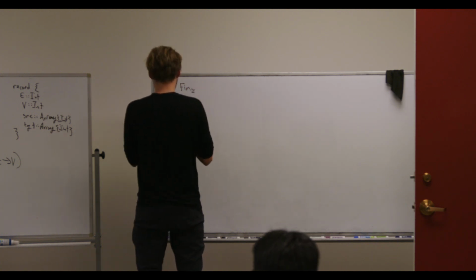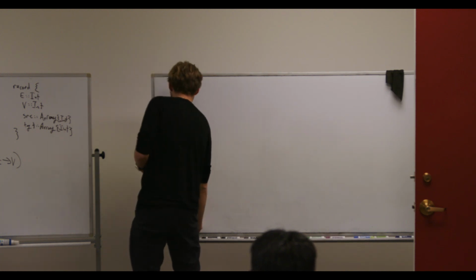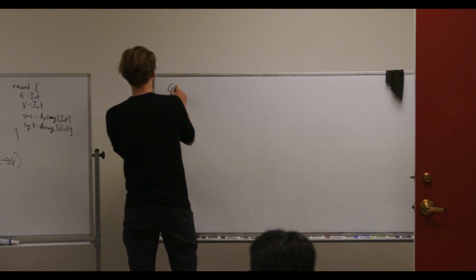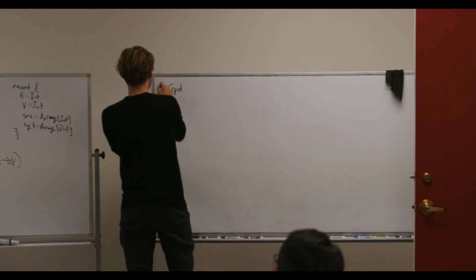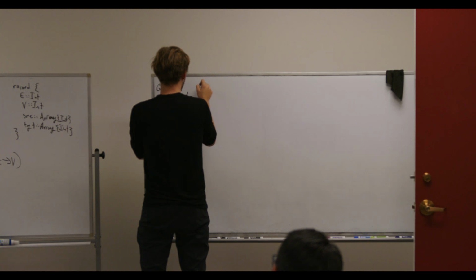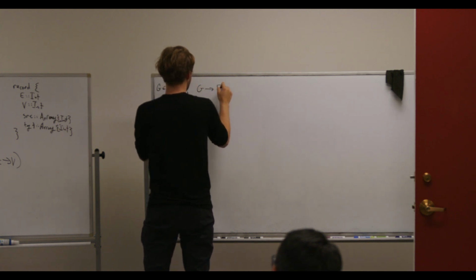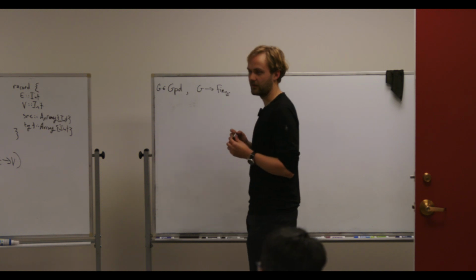For them, a stuff type is a groupoid, let's say G in groupoid, along with a morphism G to Fin, the groupoid of finite sets.